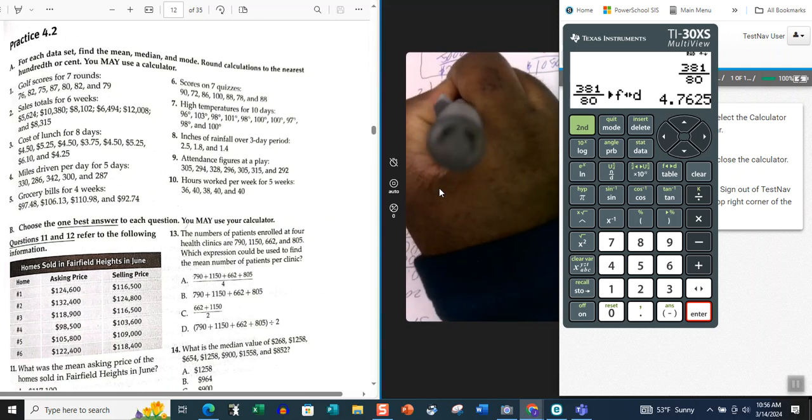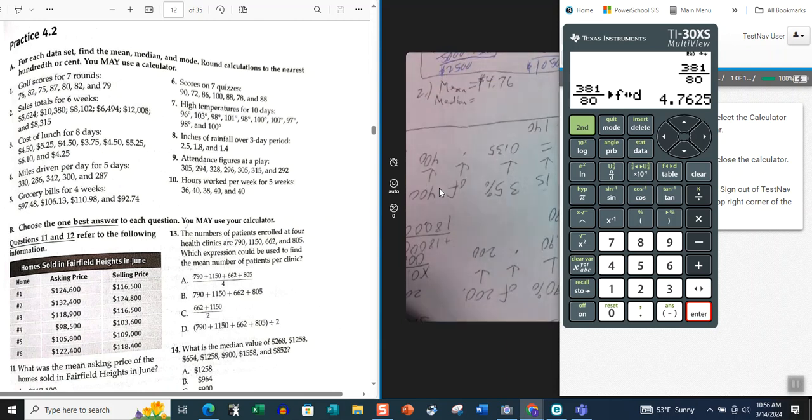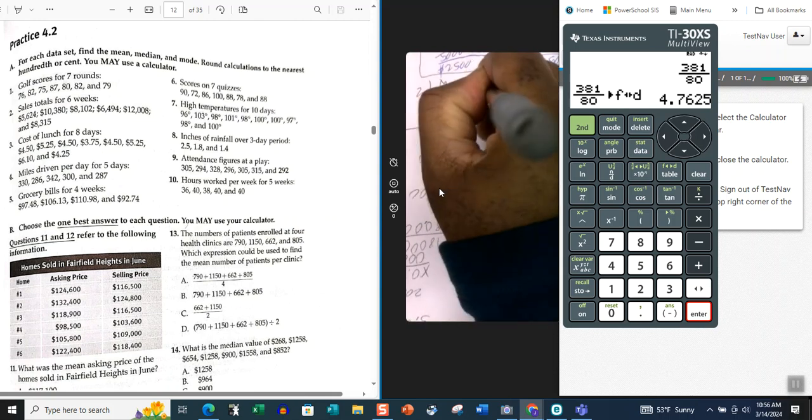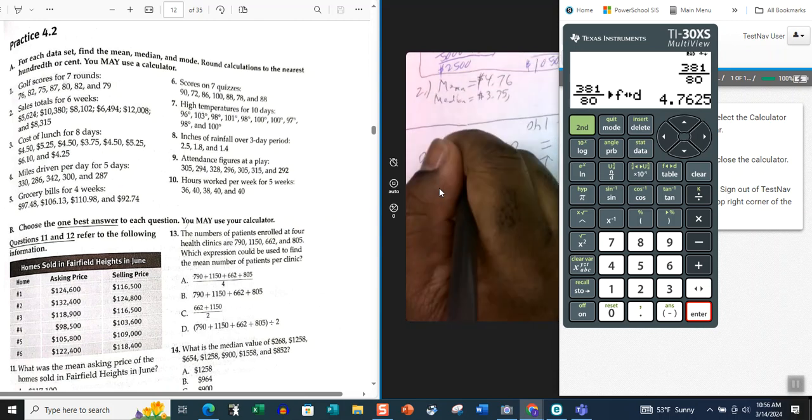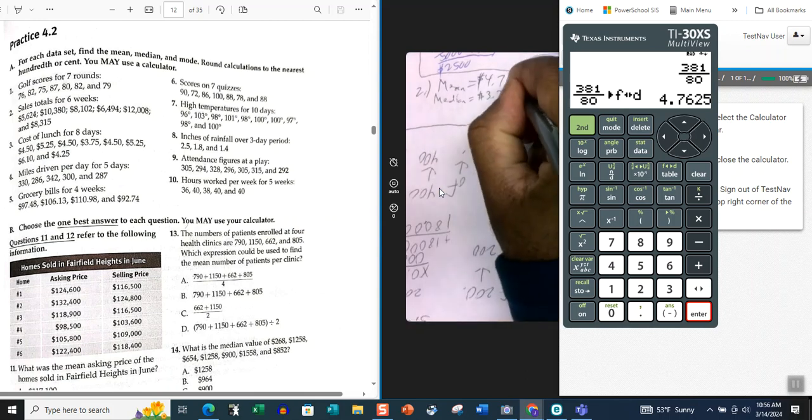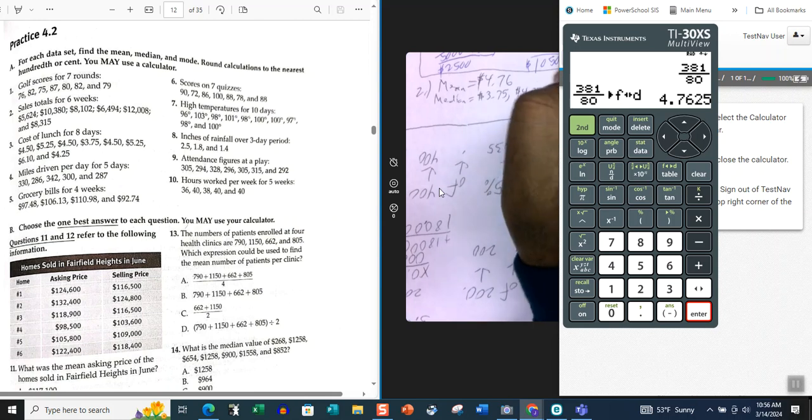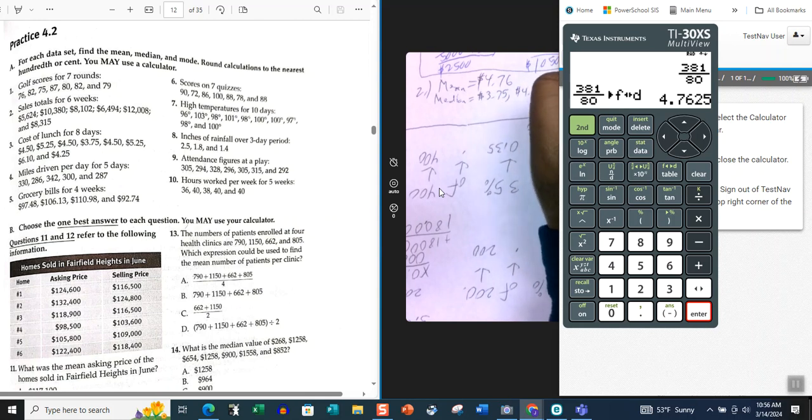Now we're going to look at the median. Now the median, remember, we have to set this up from smallest to largest. So let's see, the smallest amount here is $3.75. The next is $4.25. The next is $4.50 3 times.